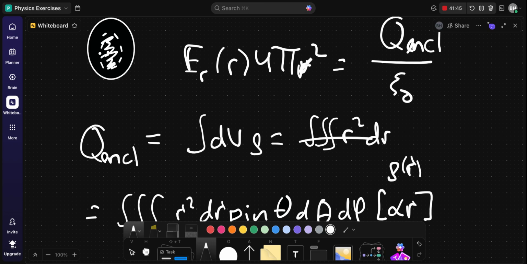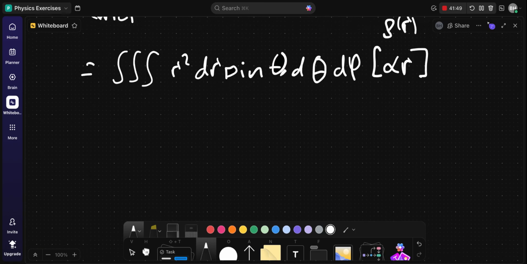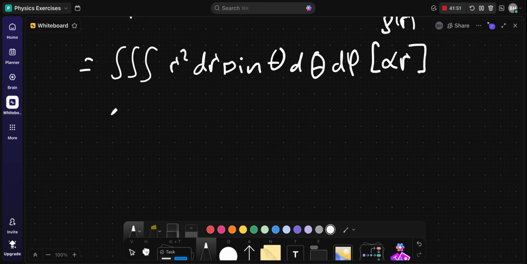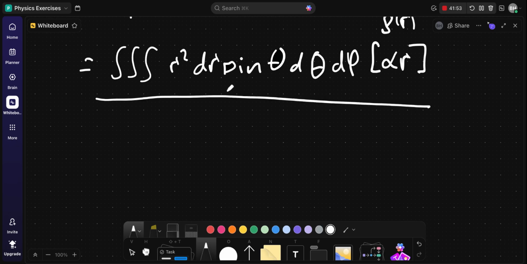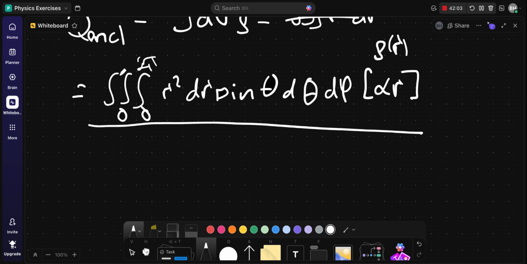The phi goes from 0 to 2 pi, theta goes from 0 to pi, and r prime goes from 0 to small r, because this is the enclosed charge within the sphere of radius small r.